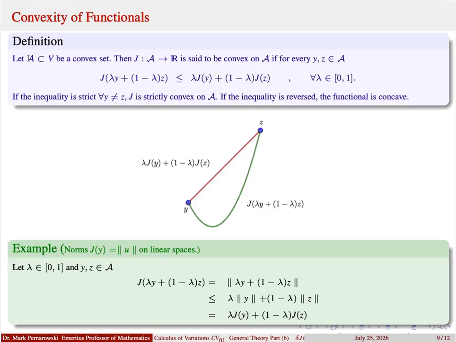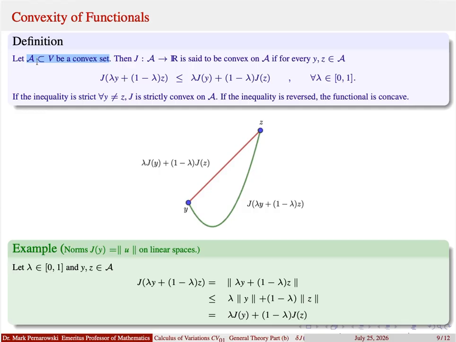If I have an admissible set which is convex, that basically means if you take any 2 points in the set and you draw a straight line segment, that entire line segment will be in the set. If it's not convex, you could pick points and the line would go outside of your region A. But let's not worry about that too much.